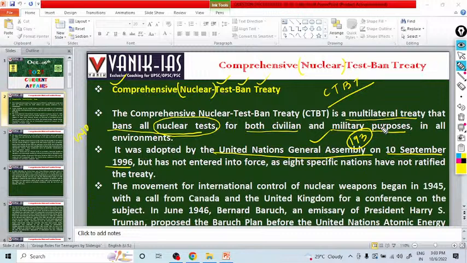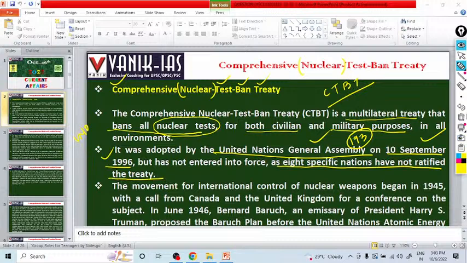It was adopted by the General Assembly on 10 September 1996, but has not entered into force as 8 specific nations have not ratified the treaty.